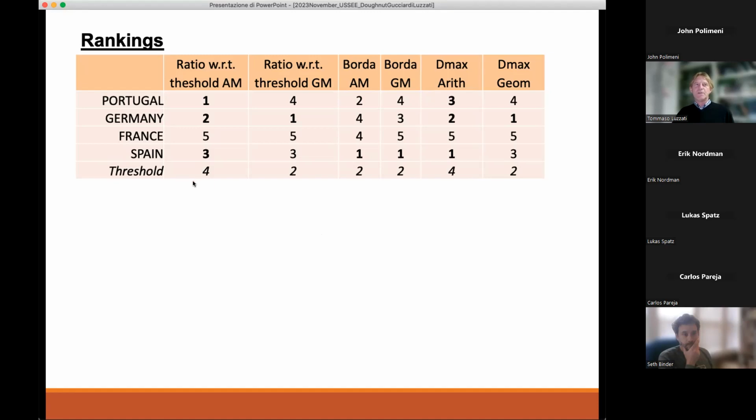What is important to stress is that the threshold value corresponds really to the thresholds, it is a ranking, but all countries above the rank of the threshold also meet the thresholds.